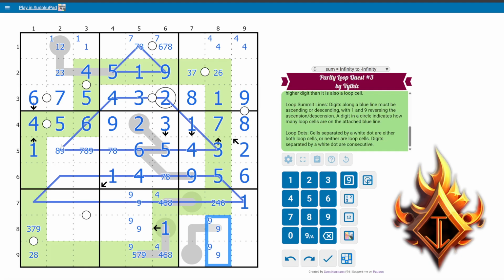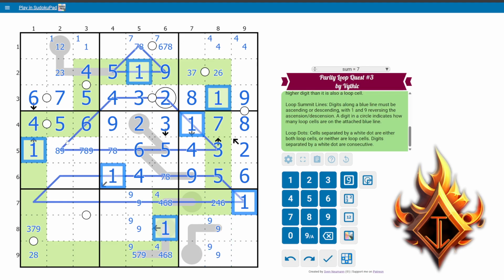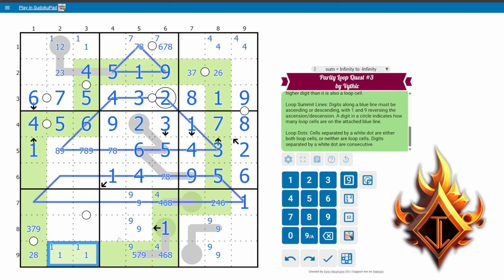I guess just do some Sudoku now. At this point, there's a 1 down here. They are both odd. This is odd. 3, 5, or 7. 2 and 3.